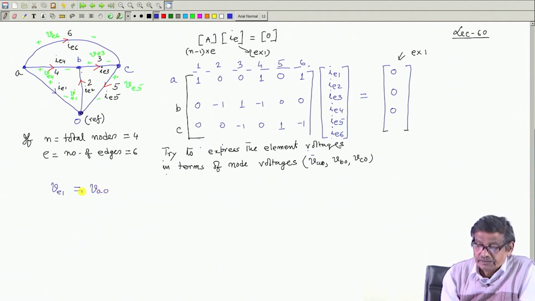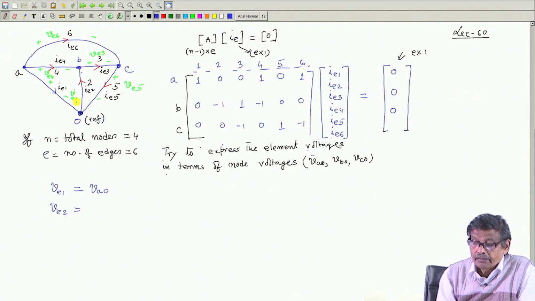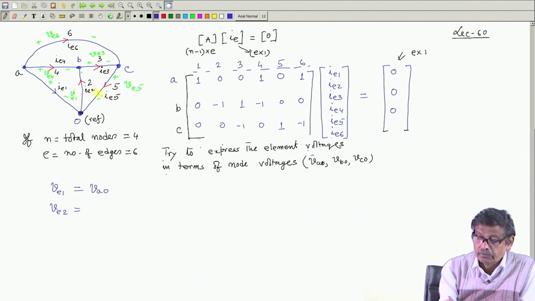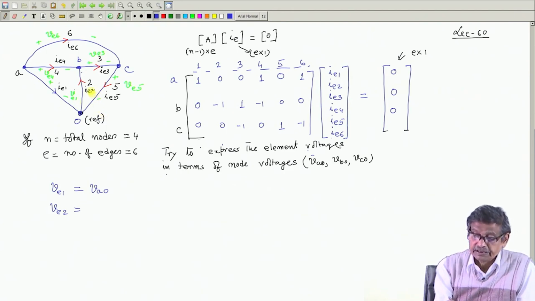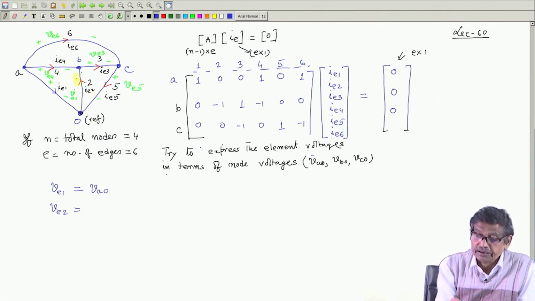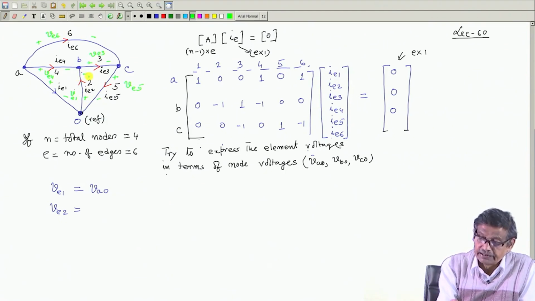Then VE2: the polarity I denote depending upon the direction of the current, plus and minus, with the arrow like this.